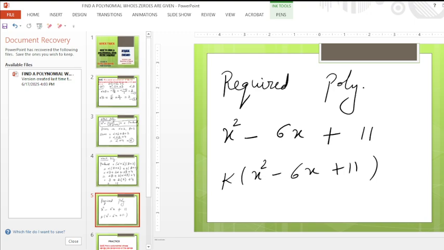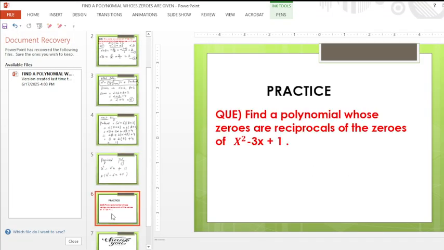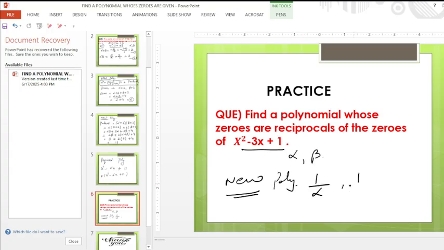One question came last year, and this type of question came last time. I want all of you to solve it. Take a click and solve it. I will give you some clues: find a polynomial whose zeros are the reciprocals of the zeros of this one. Let its zeros be alpha and beta, and the new polynomial's zeros are 1 upon alpha and 1 upon beta.